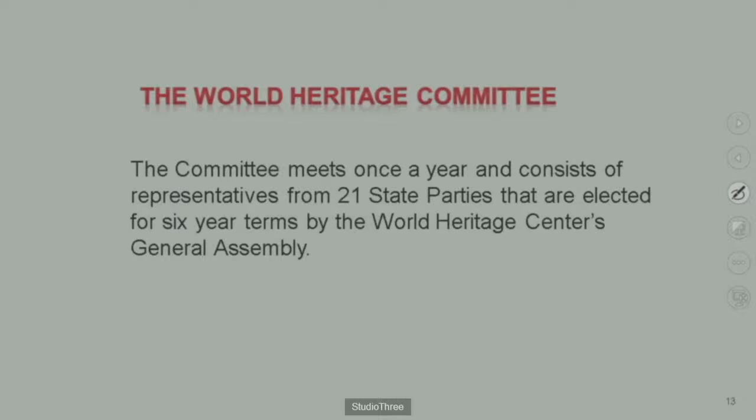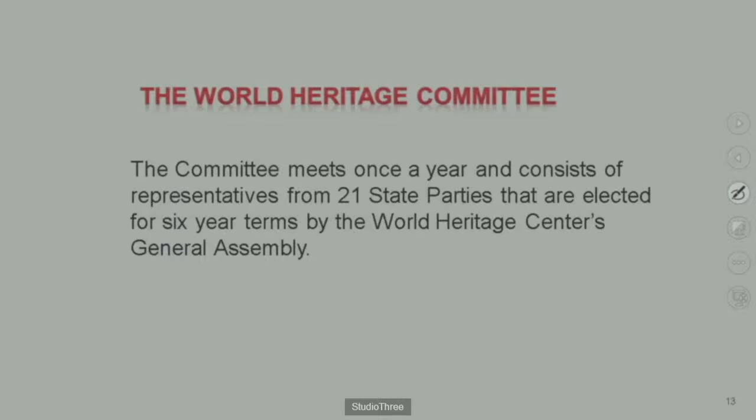Now friends, the second part, that is the second point of the lesson, we'll see the World Heritage Committee. What work does it do, and who are the members of this World Heritage Committee? Whose duty is it? Who is responsible for all the duties?